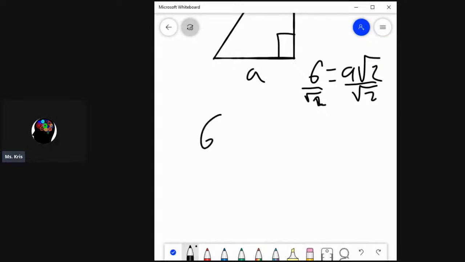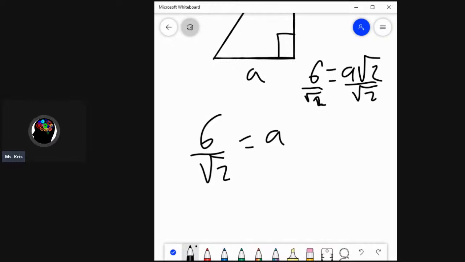So 6 over the square root of 2 equals a. Whenever you have a square root in the denominator, you must get rid of that square root, because a radical cannot be in the denominator, just like 0 is undefined in the denominator.